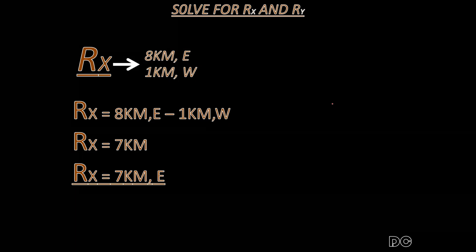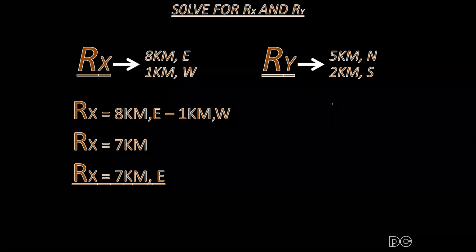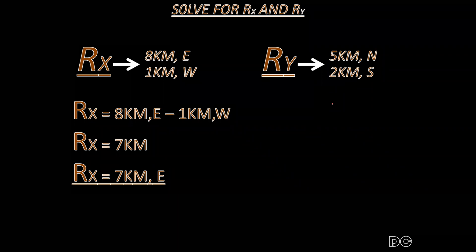And for R sub y, the vectors acting on the y-axis, according to our question, are the 5 kilometers north and the 2 kilometers south, which are vector B and vector D. If we combine these, since they are in different directions, we subtract.